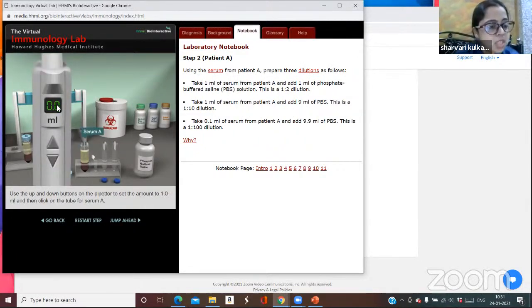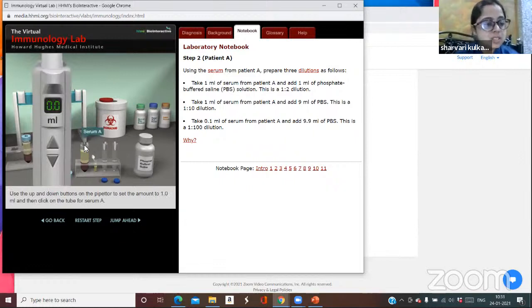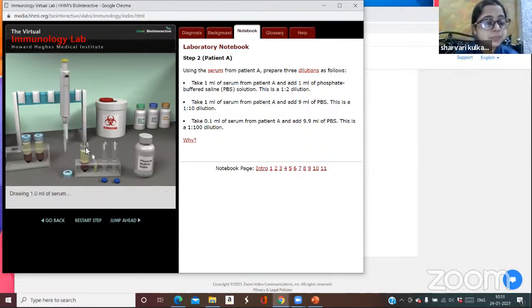Now you have to use these up and down buttons in order to make it 1 ml. So I will click on this for 1 ml and then click on the tube for serum A. From serum A, it will transfer into the first tube the required concentration and then it will discard the tip. Now second, we will use the up and down button again to set the amount of 1 ml and then click on tube serum A. This is for the second dilution.